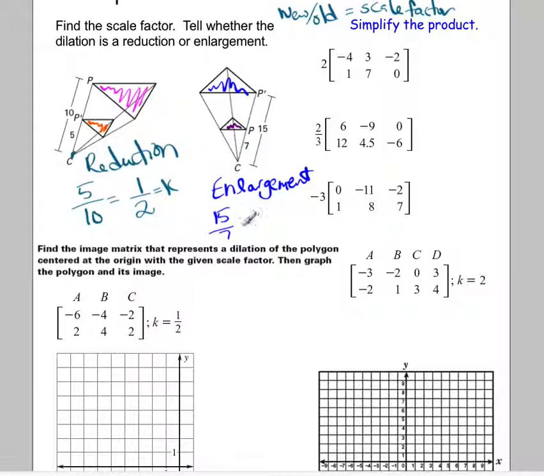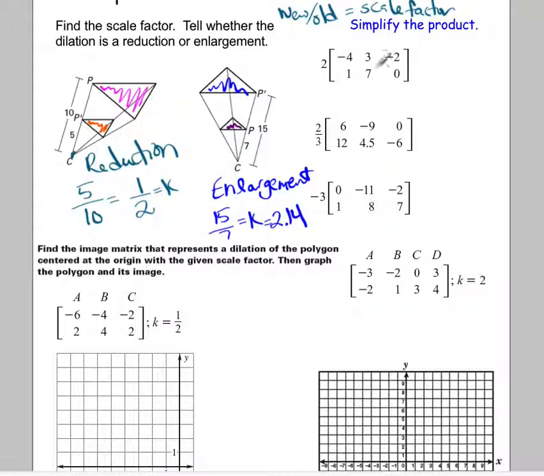We can leave it like that as K, or we could figure out what that is as a decimal value. So 15 divided by 7 is 2.14, or it's 2 1/7. 2.14 would be K. And I want you to notice that if the K value is between 0 and 1, it is a reduction, and if the K value is more than 1, it is an enlargement.